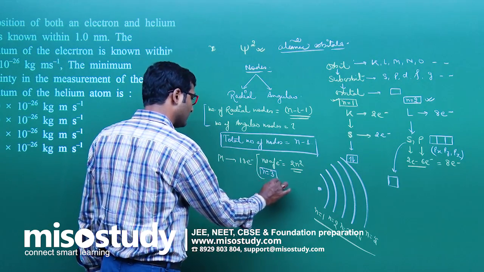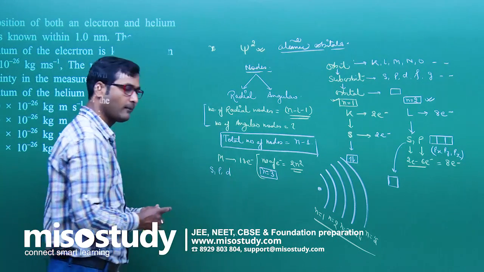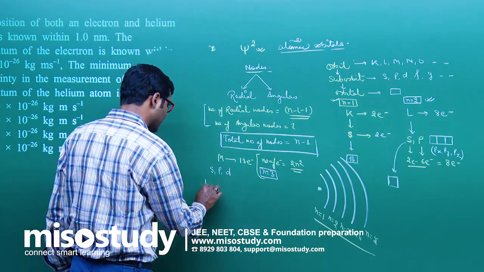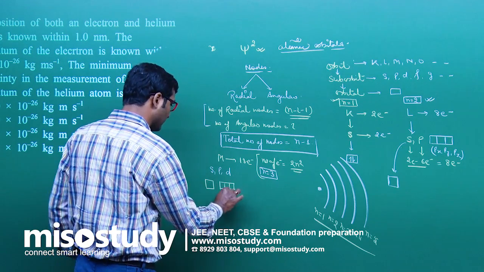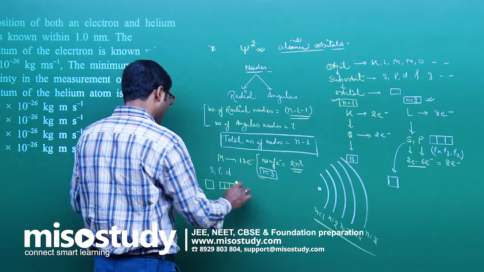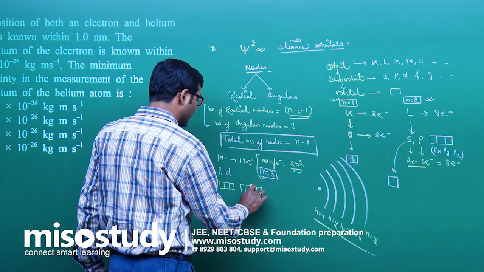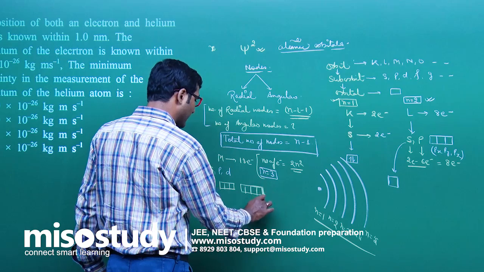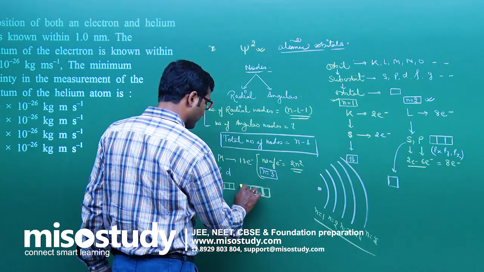We know for this that n is equal to 3, so it will have 3 subcells: S, P and D. Is it clear? Yes. S has 1 orbital, P has 3 orbitals because P has a maximum of 6 electrons, and D has 10 electrons, so it will have 5 orbitals: 1, 2, 3, 4, 5.